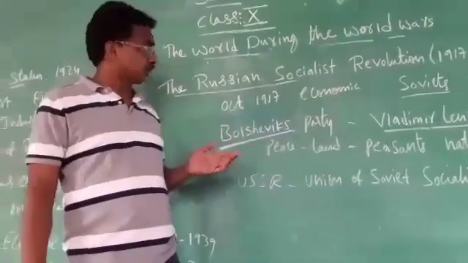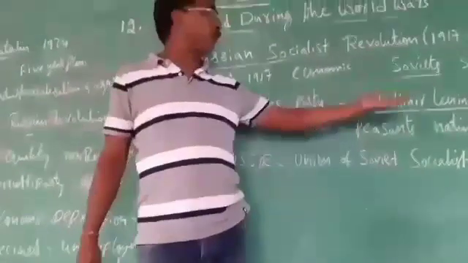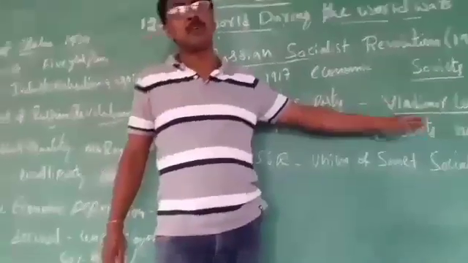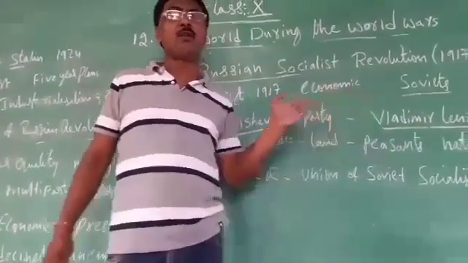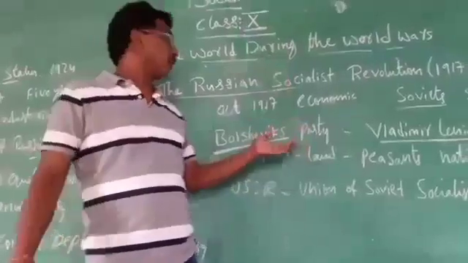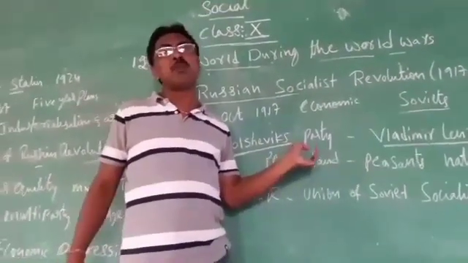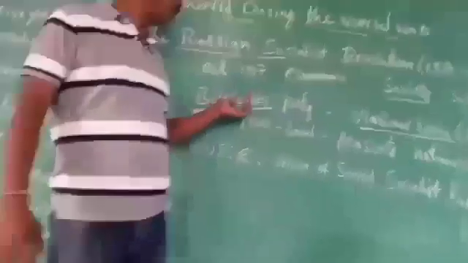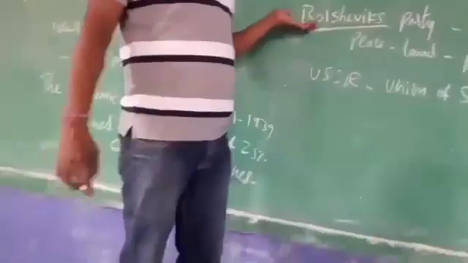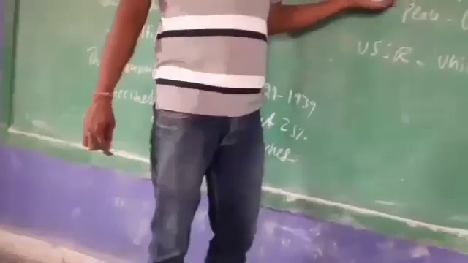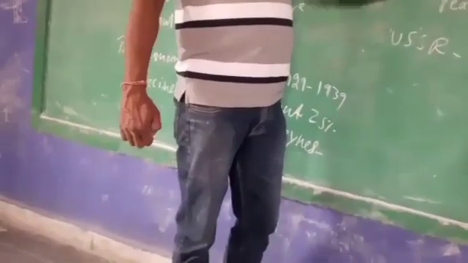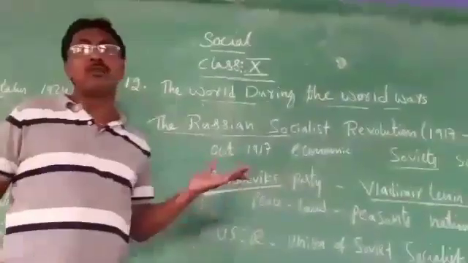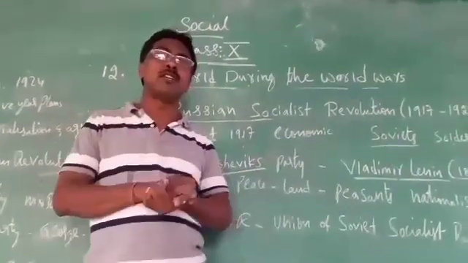And the soldiers also supported this Bolshevik party. And he attacked the government. At that time the provisional government was there, and the provisional government was removed. The socialist party came, and Lenin became the president of Russia.